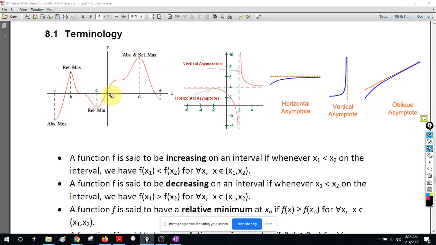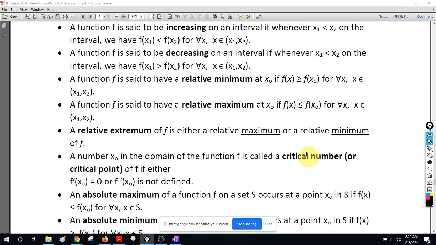Then there are points like this, where it changes its shape, but it is not a maximum or minimum. This kind of point is called a point of inflection. So remember, we have three types of points now: a maximum, a minimum, and a point of inflection.